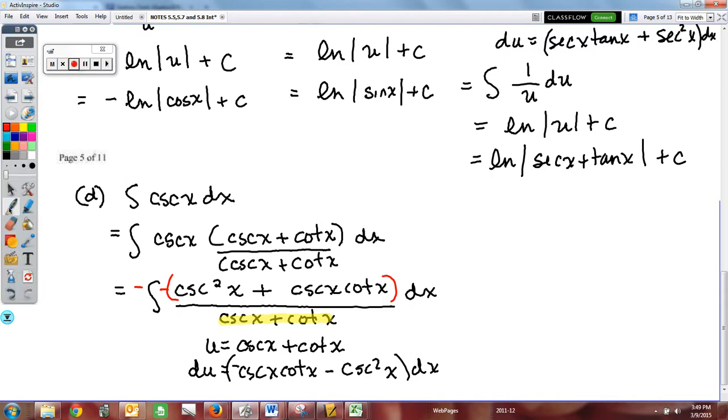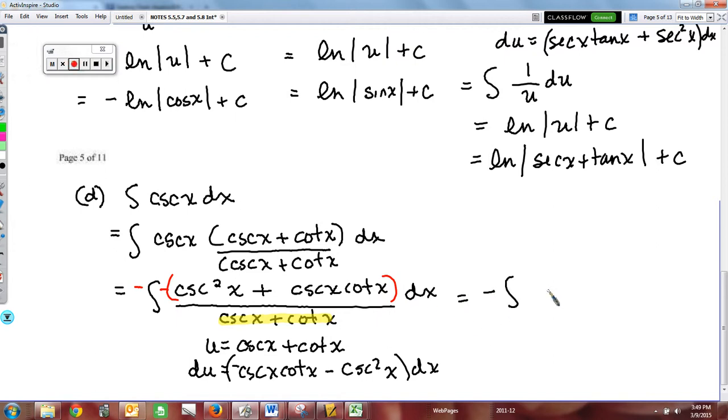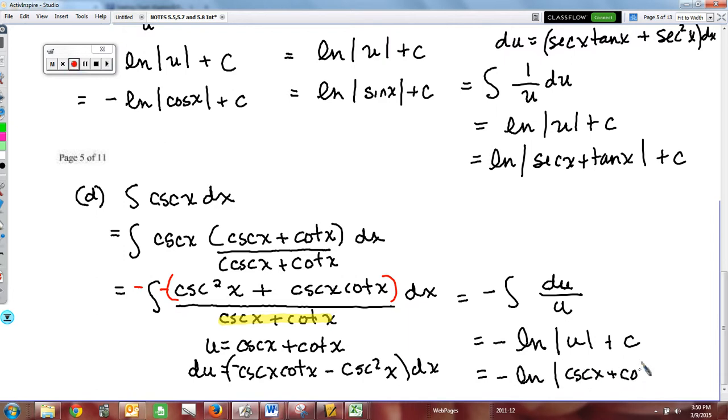So our integration is going to be of the form negative antiderivative of this entire top, which is now your du, over u, which is going to be negative natural log absolute value of u plus c. And then we finish it off by getting negative natural log of cosecant of x plus cotangent of x plus c.